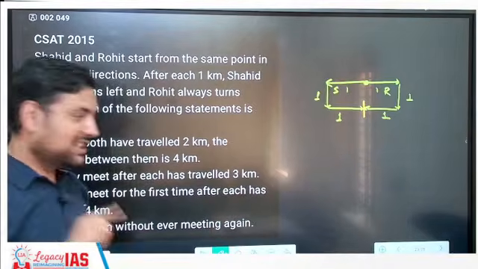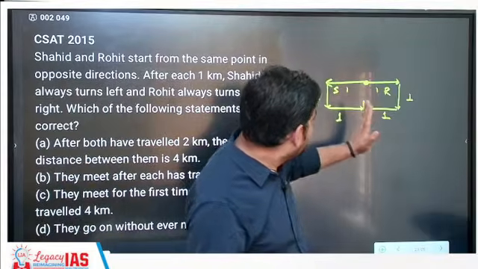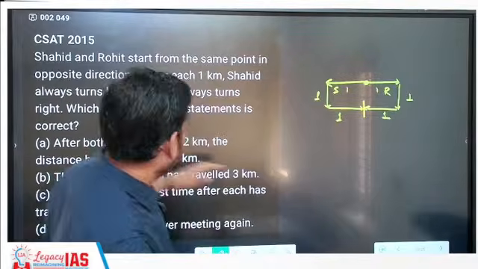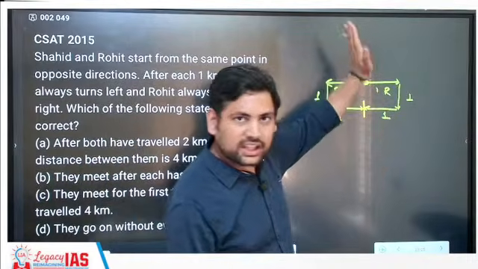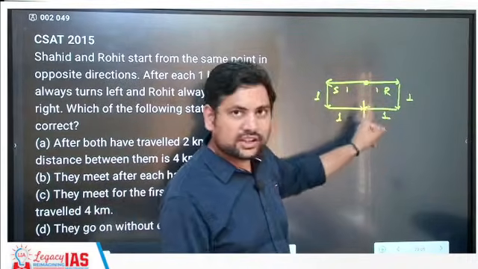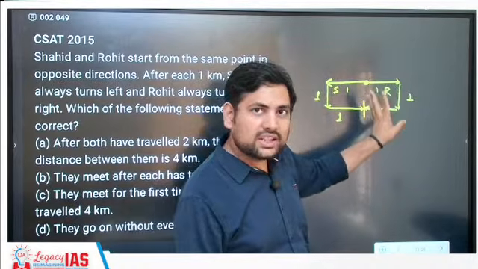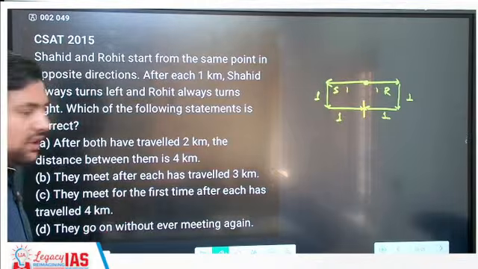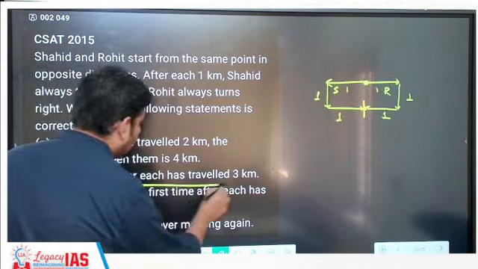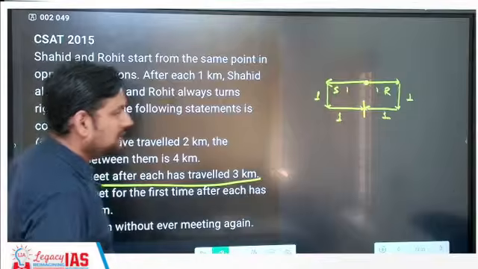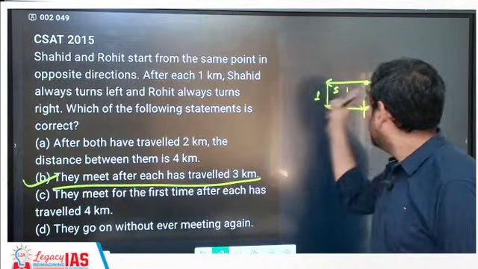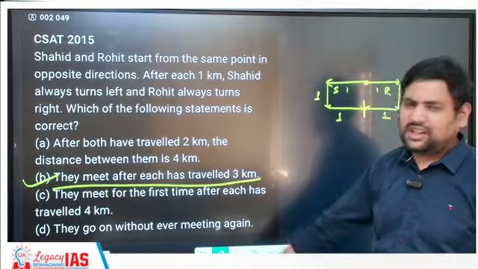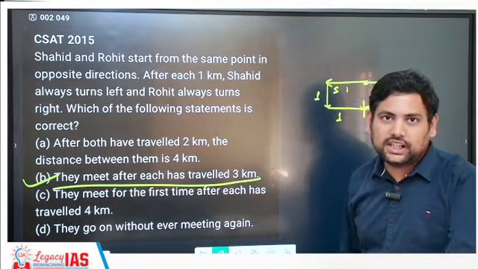Then for the last leg, Shahid taking left is in the upper direction, and Rohit is also going in the same direction, so they will go together. Now they meet after how many kilometers? They meet after each has traveled 3 kilometers. B becomes the correct answer. 1, 2, 3, 1, 2, 3. Correct. All other options are not meeting the criteria.